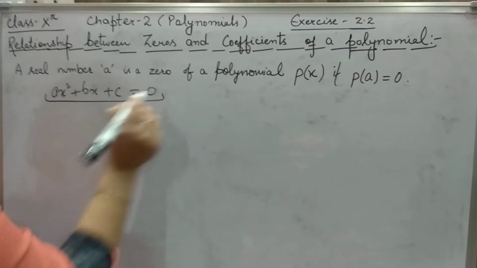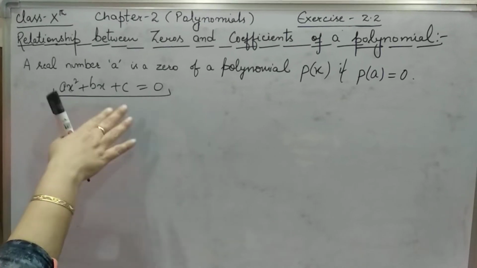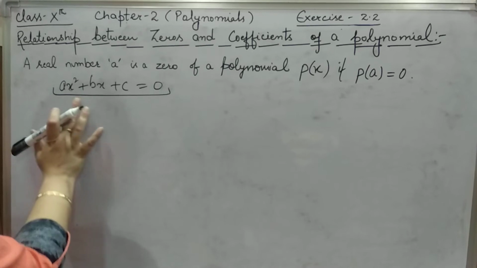Now here I'm taking the general form of the quadratic polynomial, ax square plus bx plus c.